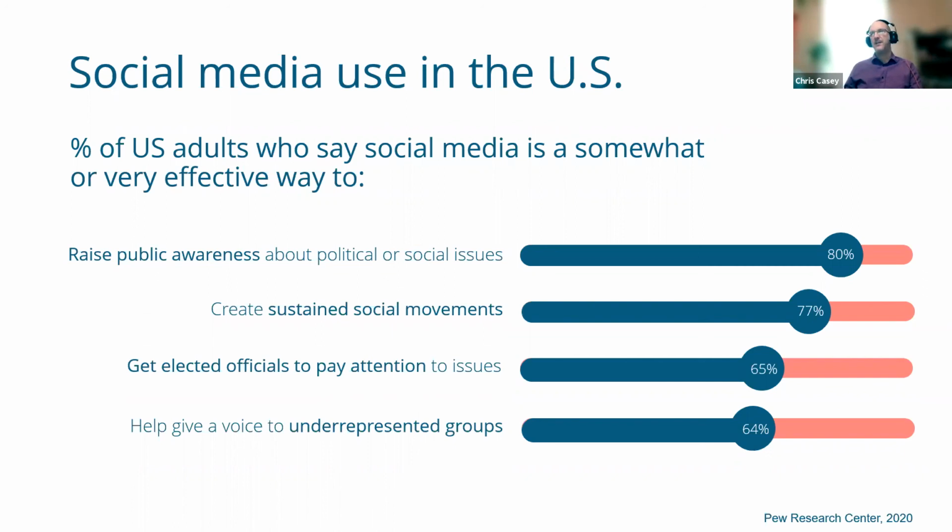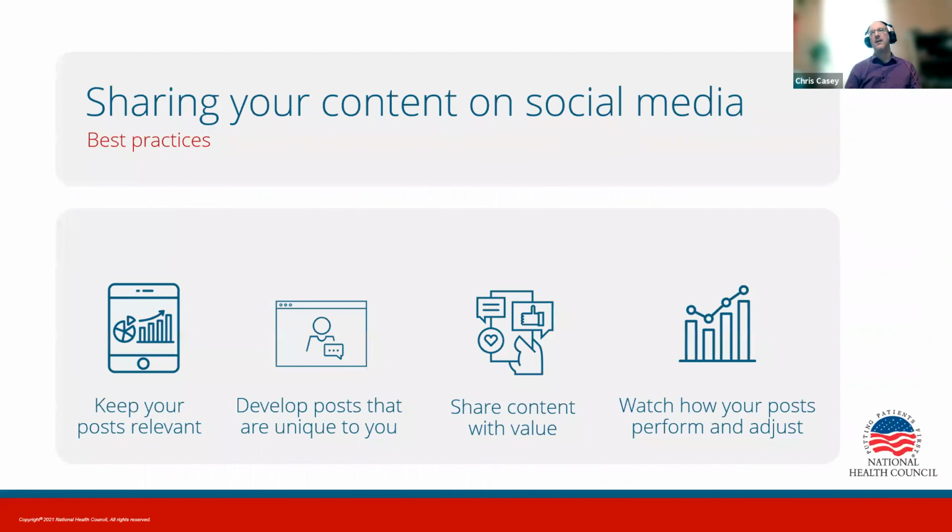So these data come from the Pew research. So, you know, there's certainly widespread agreement that social media is a great way to reach your audience in an advocacy context. And just some quick guidelines on sharing content on social media, some best practices.